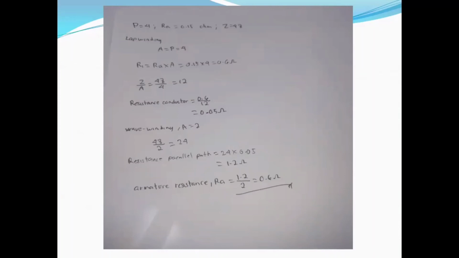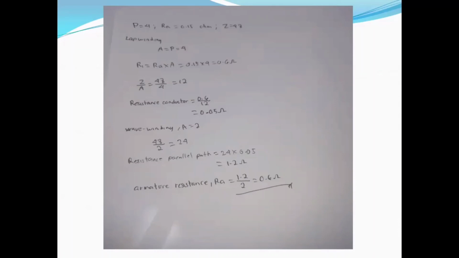Z is equal to 48 and A is equal to 4, so the answer is 12. Then next is the resistance of each conductor. So 0.6 over 12 is equal to 0.05 ohms.